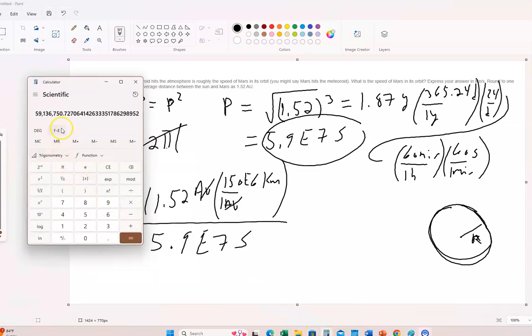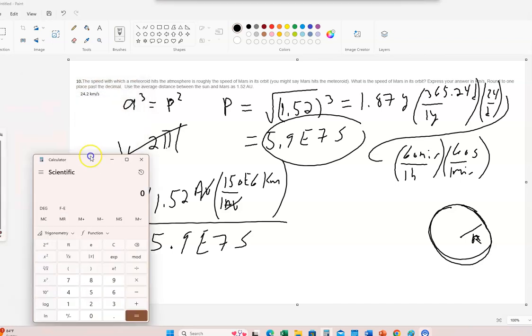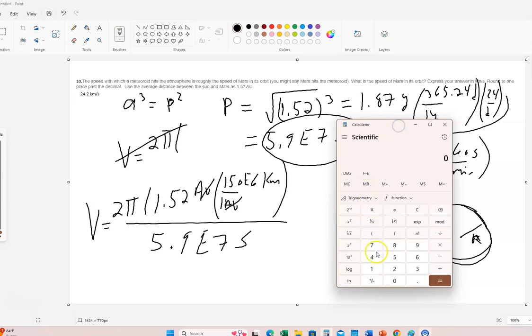So again, that's already in my calculator. Let me convert this first. So it's going to be 1.52 times 150 times 10 to the sixth.